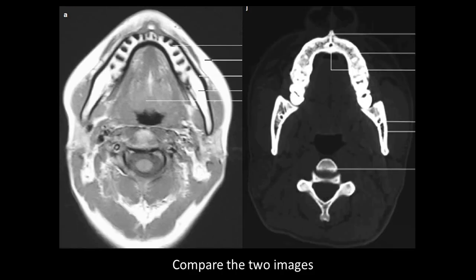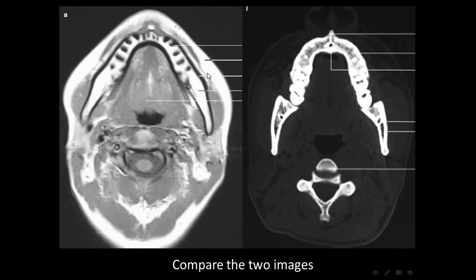Yeah. Let's have a look at these two images. I put them together. This is CT, bony window, and this is MRI, T1 MRI. Let's compare these two images. What we can see here is the mandible, right? The more dense area of the bones, which is the bone cortex, is seen here hypointense.